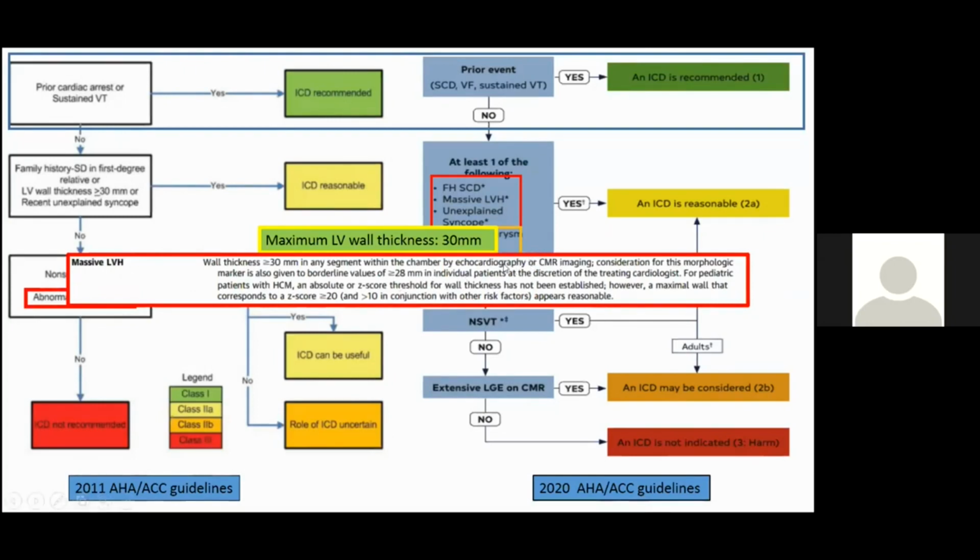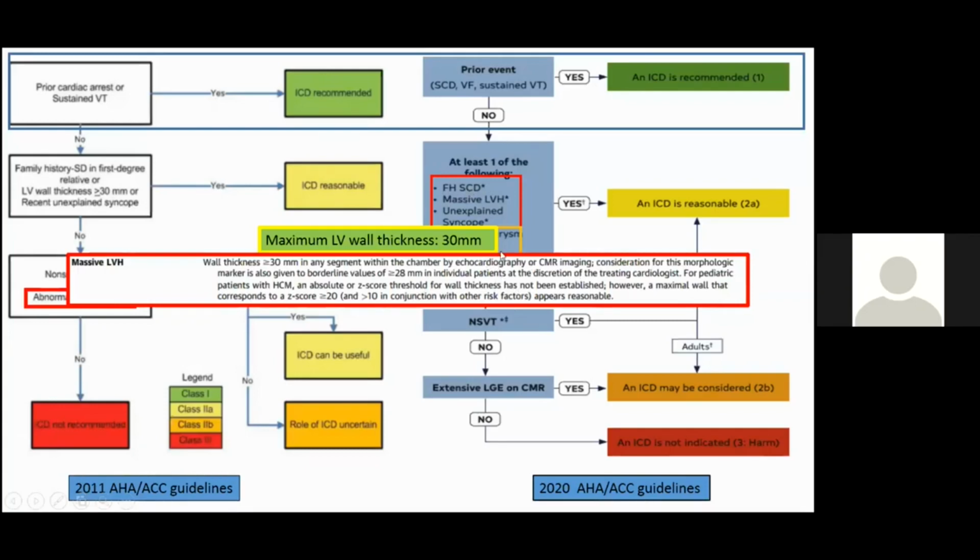There is an important remark to be made here. For the ESC calculator, the LV wall thickness is measured by echocardiography and not by CMR, even though echocardiography has a tendency to underestimate LV wall thickness.